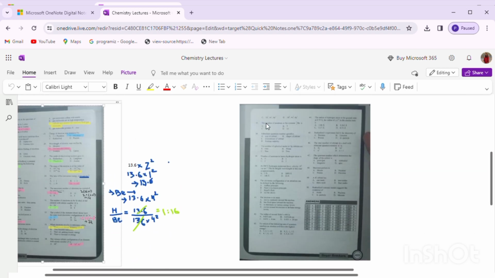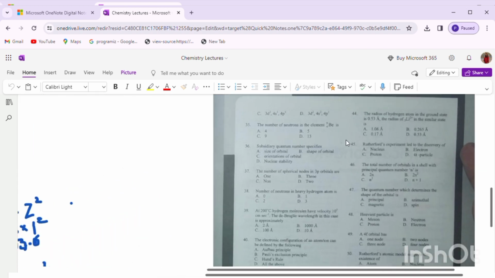Let me zoom in. So the 35th MCQ is asking us about the number of neutrons in the element beryllium. How many neutrons are there in the beryllium atom? We know that beryllium's atomic number is 4, which is representing the protons as well.